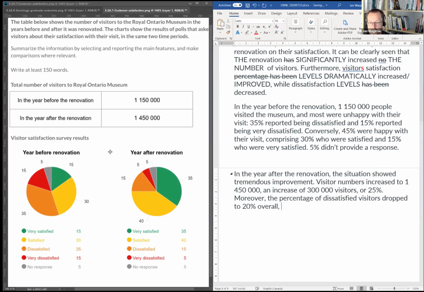Okay, and we want to break that down, so we'll say consisting of 15% dissatisfied and 5% very dissatisfied. And 5% who were very.